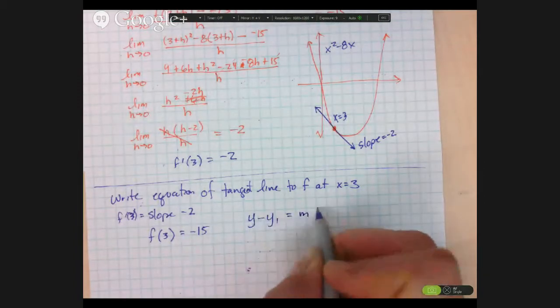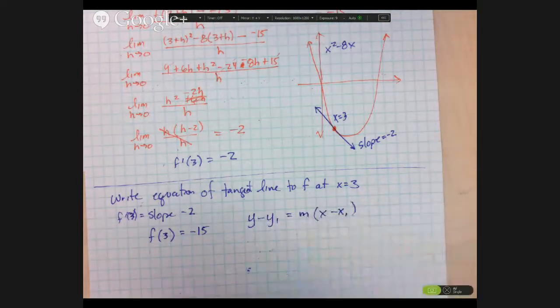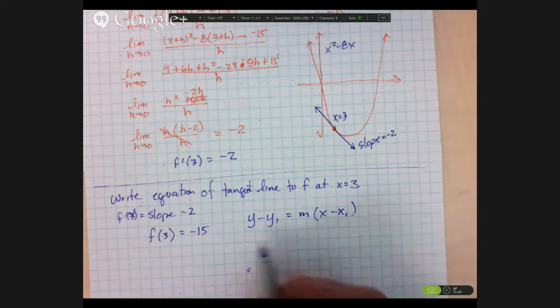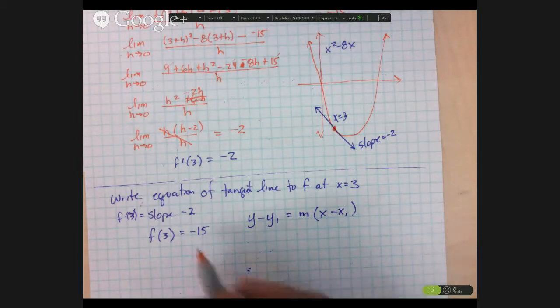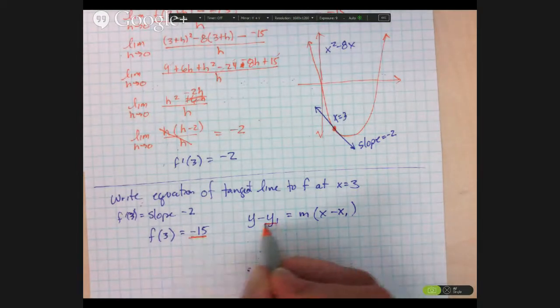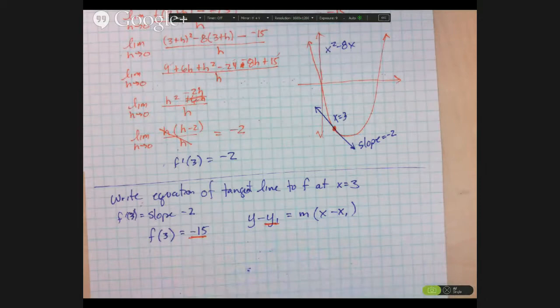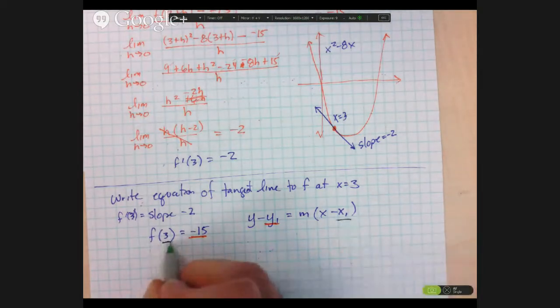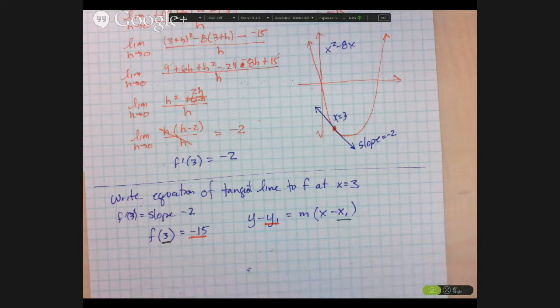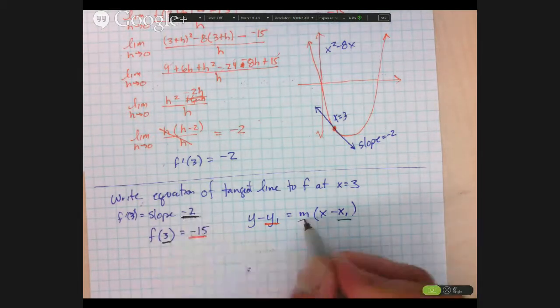This is the easiest to use, point slope form. What's y1? Right there, and that right there.